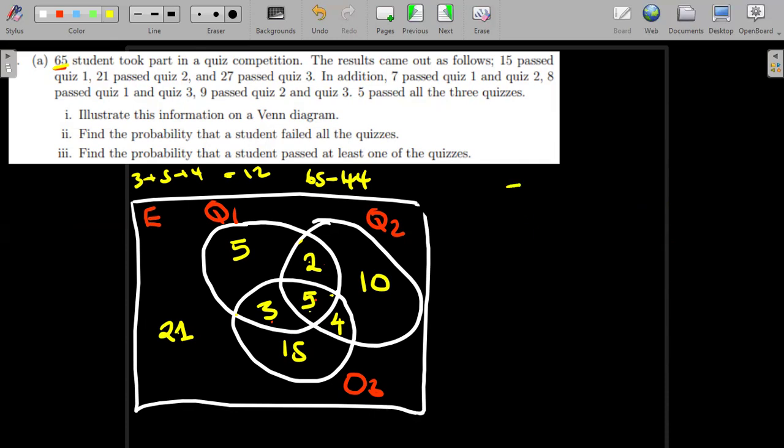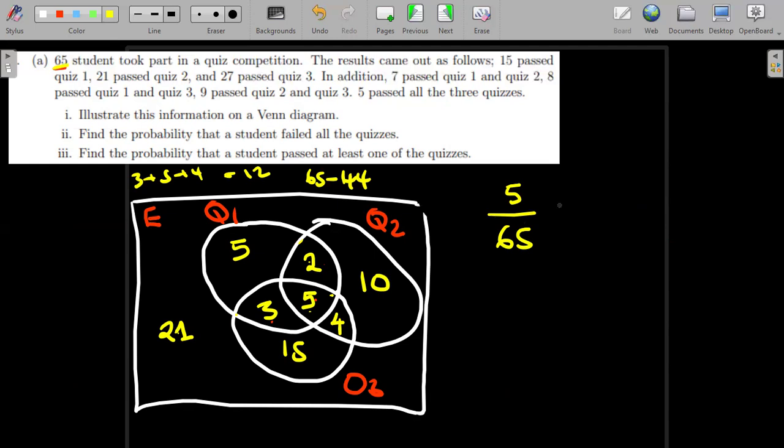So we have 5. 5 passed all the 3 quizzes. Then this is out of a total of what? 65. This is out of a total of 65 people.